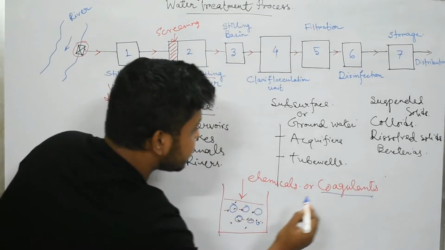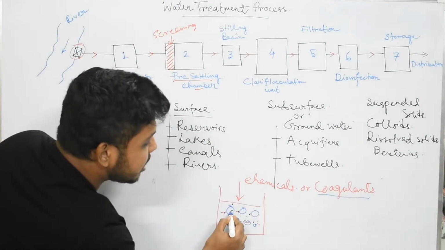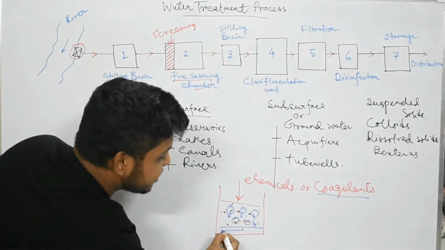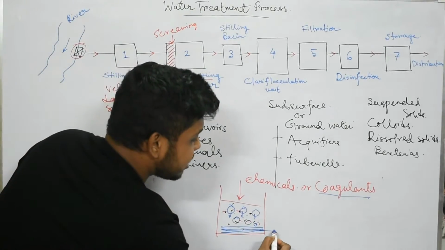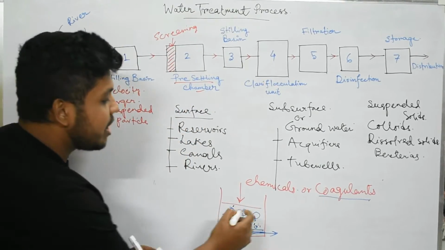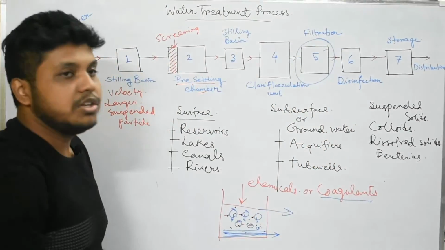These coagulants arrest the suspended particles to create large flocs which have a higher gravity, and they settle at the bottom of this clariflocculation unit. Further, these flocs get removed as sludge, and this water is further sent to the filtration unit.